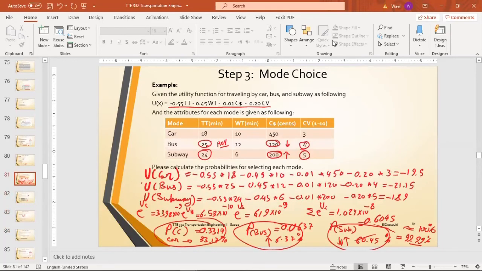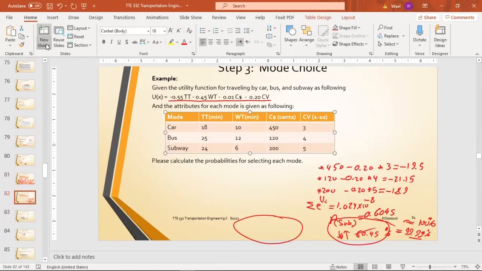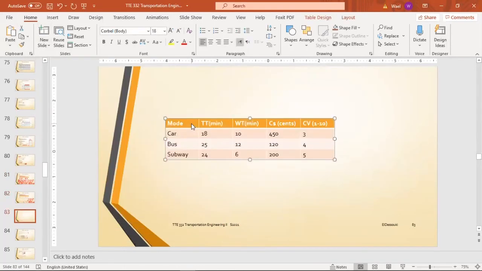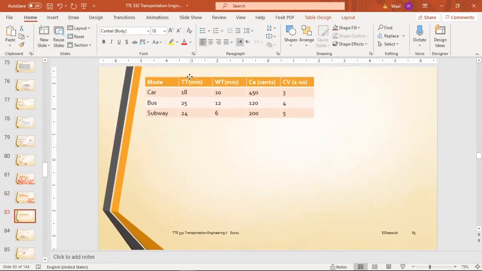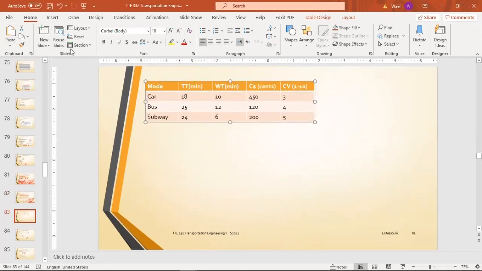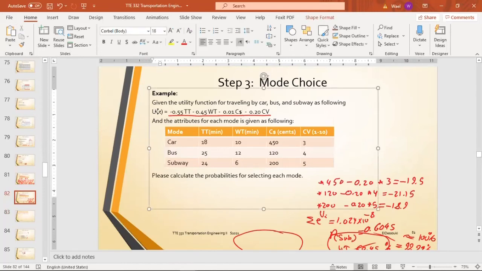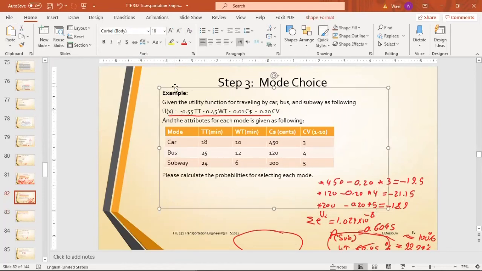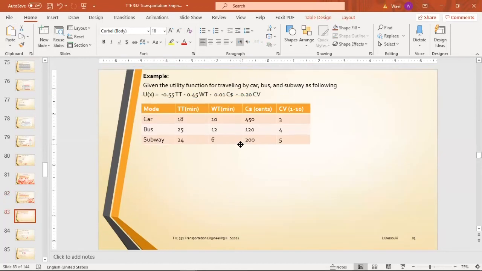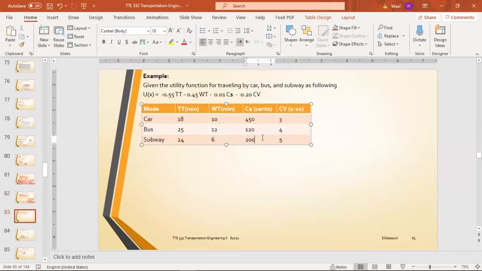Now we want to improve the utility of the bus. This is our target. Let me just make a copy here of this. So this is our table, and this is our utility function. So now we are going to change.